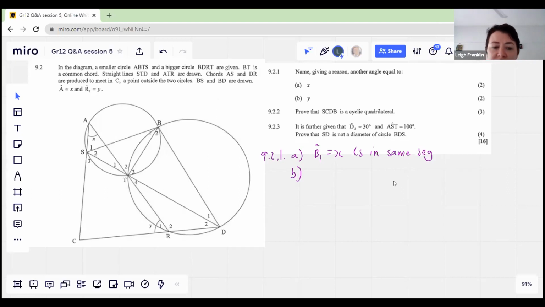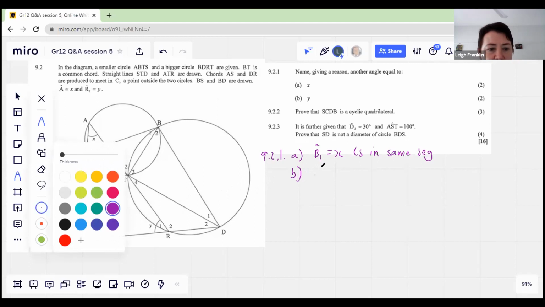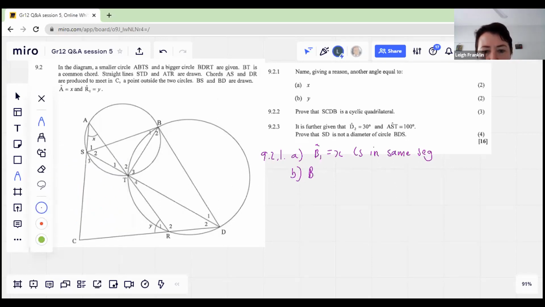So what is the opposite interior angle to R1 in this case? B2, that's it. Good, yes, you see it now. Okay, it's difficult with all these lines all over the place, but that is quite right. Okay, good job. So we're going to say that angle B2 is equal to Y, and that is because of exterior angle of cyclic quad. Okay. All right, so 2 marks there.